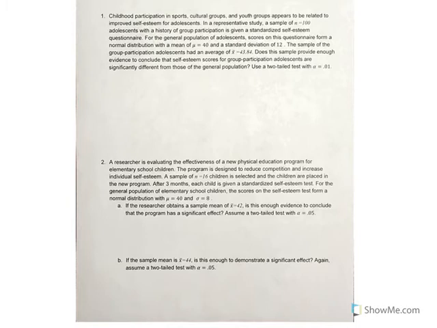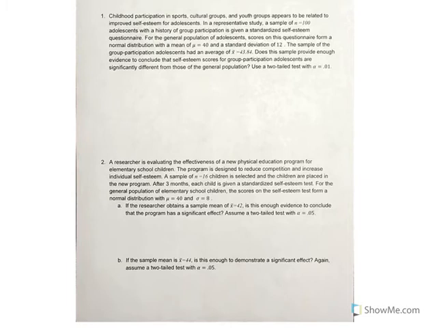In a representative study, a sample of n equals 100 adolescents with a history of group participation is given a standardized self-esteem questionnaire. For the general population of adolescents, scores on this questionnaire form a normal distribution with a mean, that's the population mean, of 40 and a standard deviation of 12. The sample of the group participation adolescents had an average of 43.84.